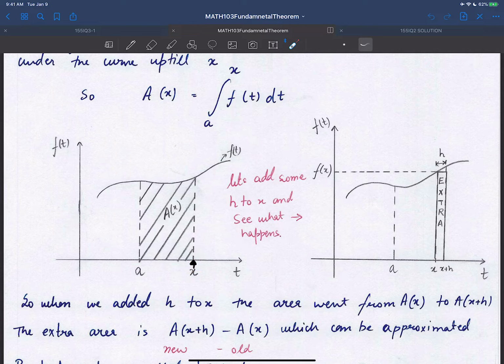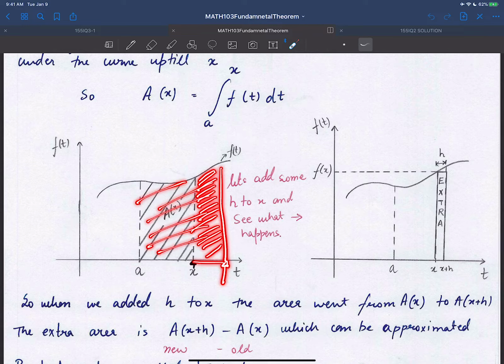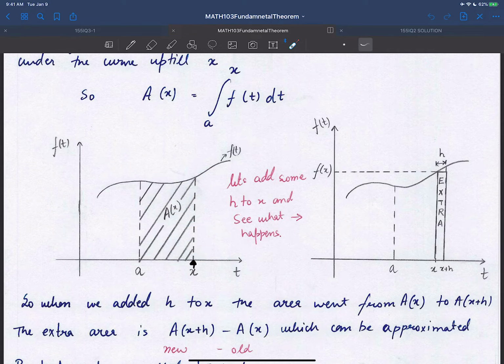You can move the x to any number you want, and the function will take that as your x input and spit out the area. Of course, if you move this x to this point, then you're going to accumulate this extra area as well, so the function will spit out this total area that you accumulate here. If you want to move this x to this point, then it will spit out this integral area.